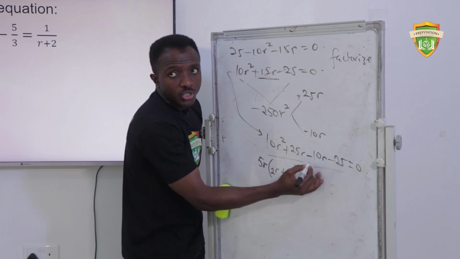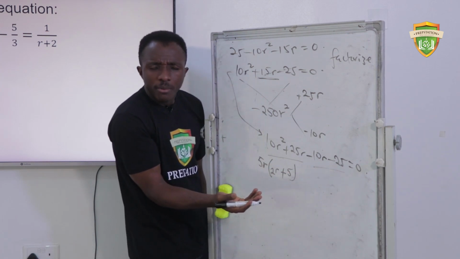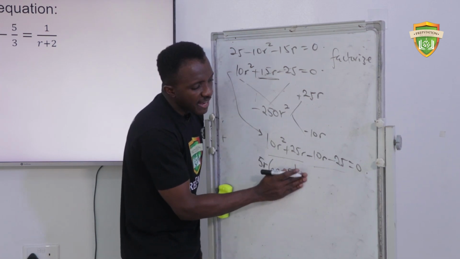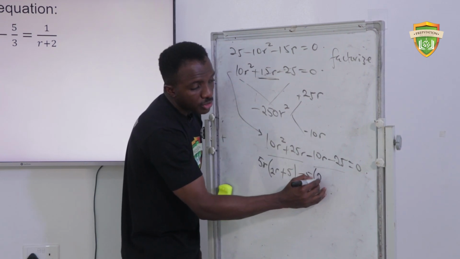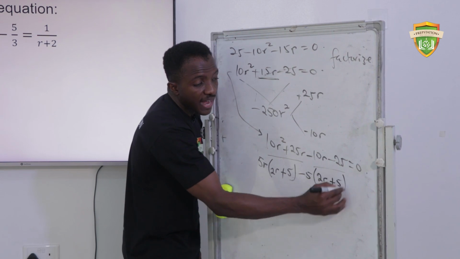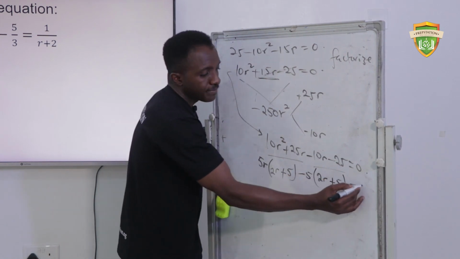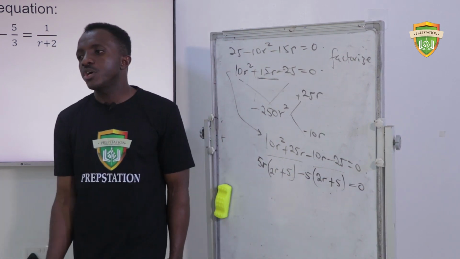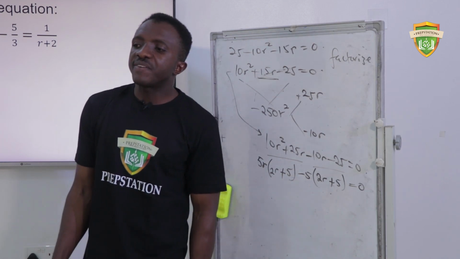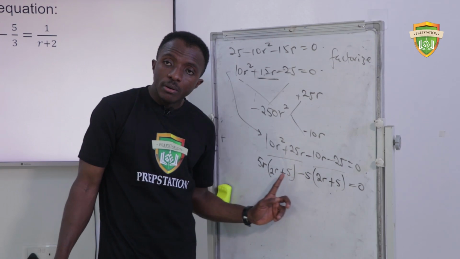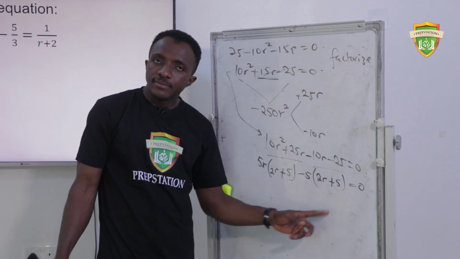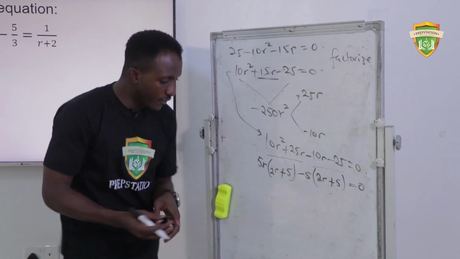Now what is common to these two? 5 is also common. Minus 5. I beg your pardon, minus 5. And I'm left with 2r plus 5. Now take note of this. When you're solving quadratic equation using factorization method, if these two are not the same, something is wrong with your solving.